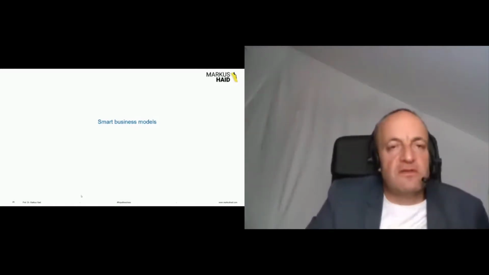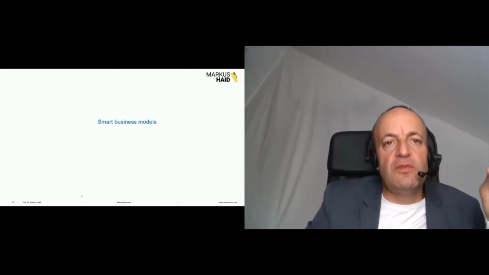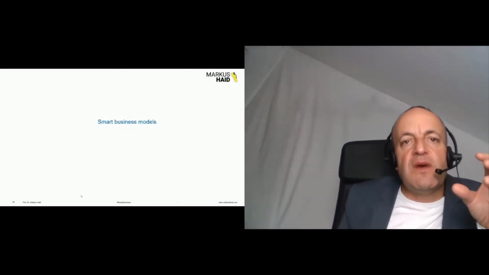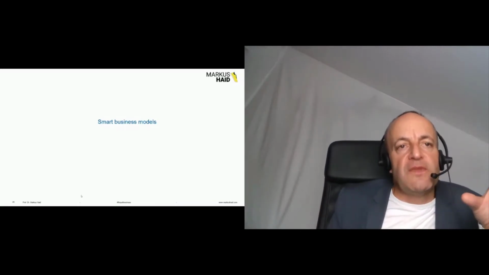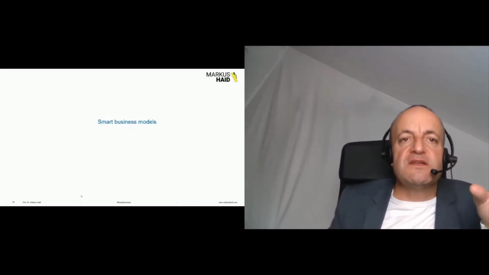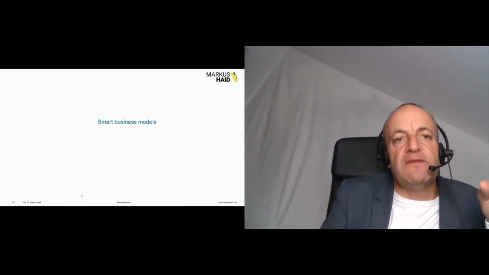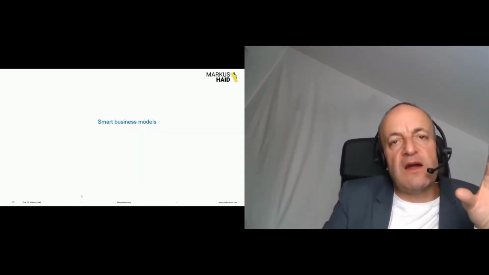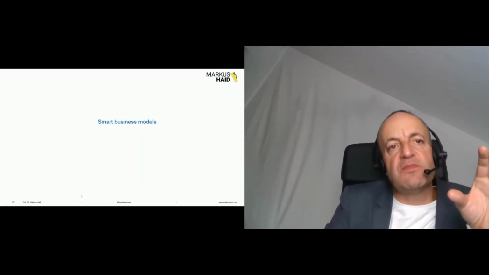I'm sure you have heard, of course, of Uber. Uber does not own any taxis, but they make money from transporting people. How so? Uber has an intelligent business model, and Uber came out of nowhere and took the market by surprise with a very intelligent business model.